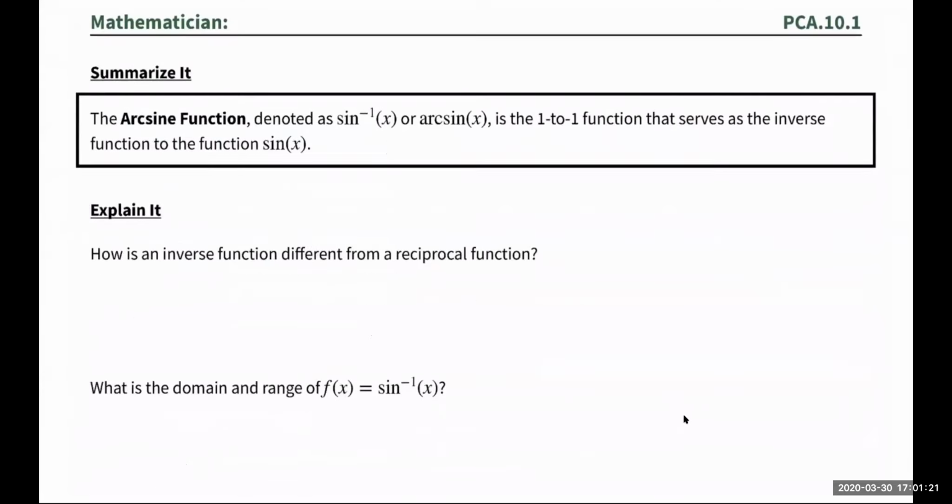All right. So this box just re-summarizes everything that we were talking about up above. The arcsine function, which you're going to see in two notations, so sine with a little -1 exponent, or the word arcsine, is a one-to-one function that serves as the inverse function of the function sine of x.